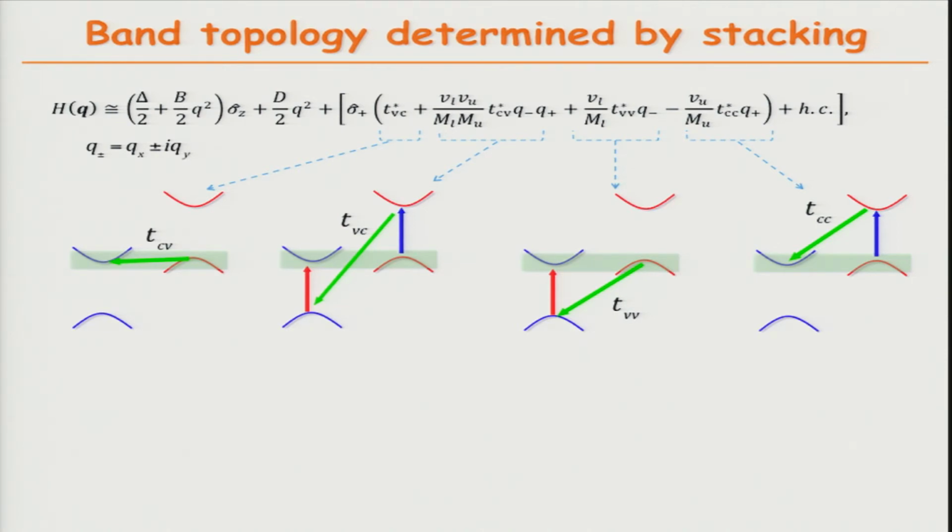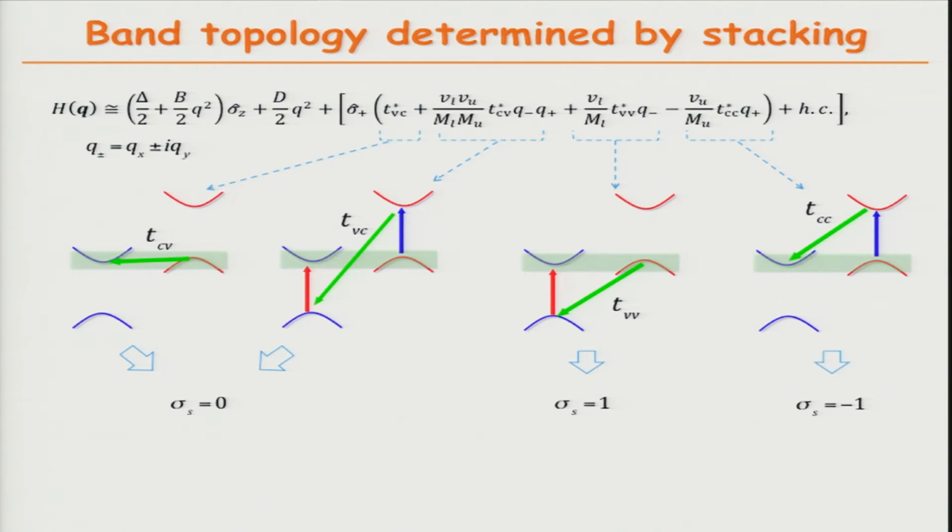If interlayer interband transition is involved, remember this is the one that in the massive Dirac fermion model, where the coupling has a chiral dependence on the momentum away from this energy minimum. So that's the Q minus or Q plus term here. So once such a term is involved, then there will be a topological phase transition if these two hybridize and open a hybridization gap.